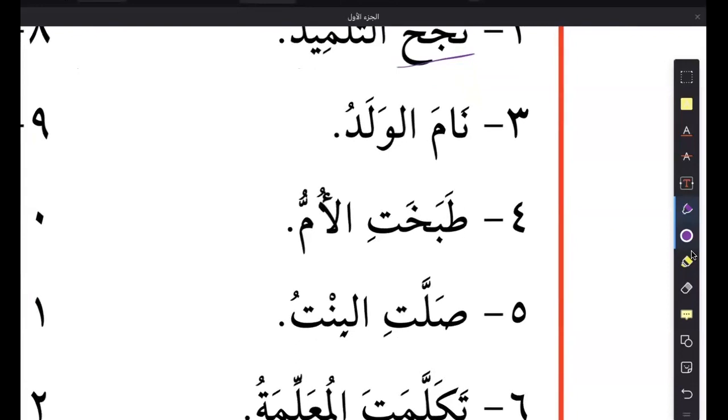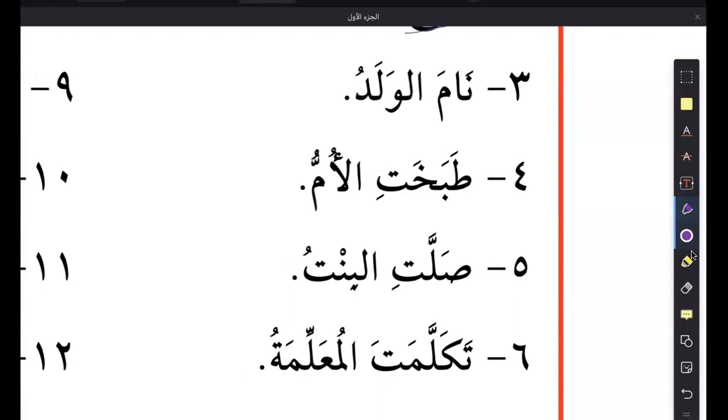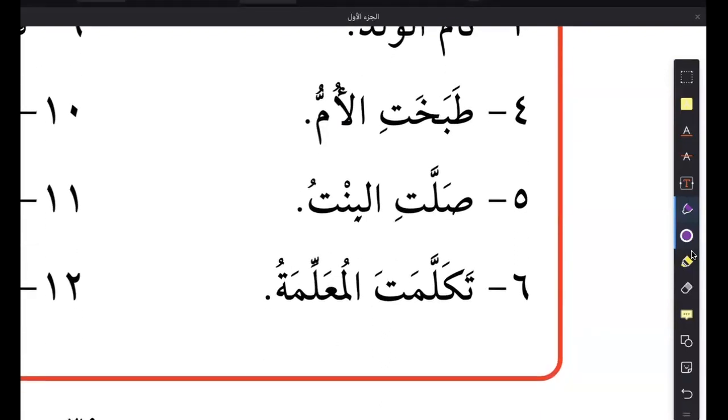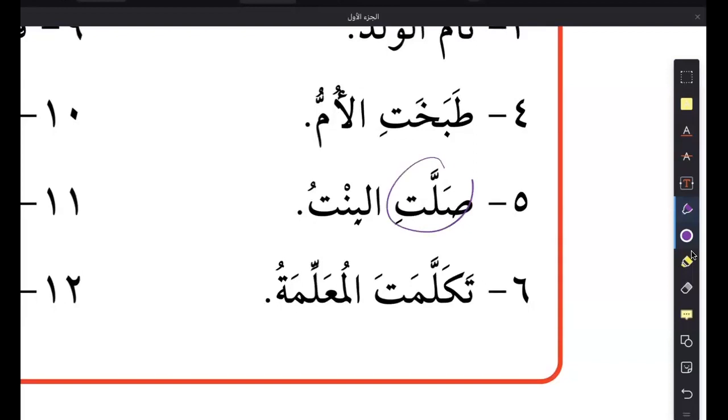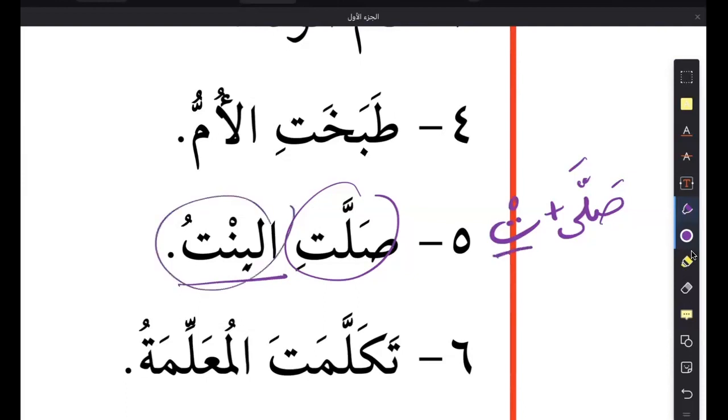I think all of these words we know. صلت البنت, the girl prayed. This one, the word is actually صلى with this alif maksura. صلى, right? But when we add the ta with the sukun, because we want to make it feminine, because of the bint, we have a problem because we have ya with the sukun, ta with the sukun.